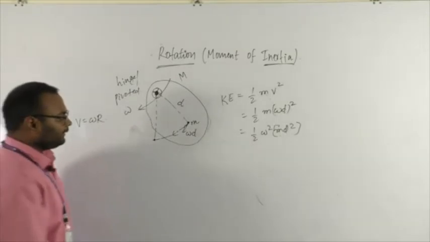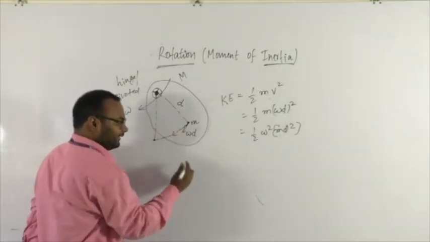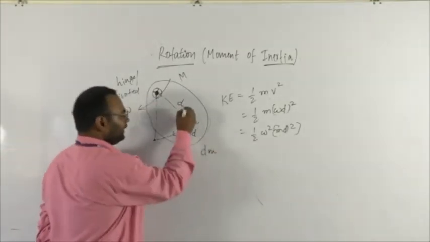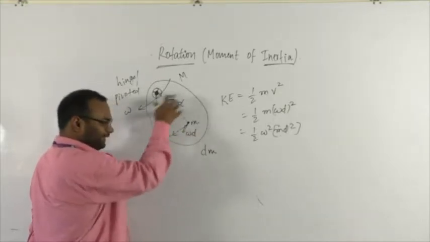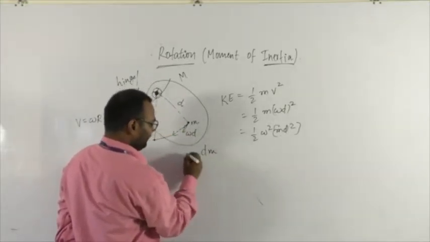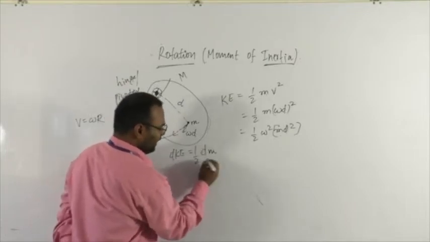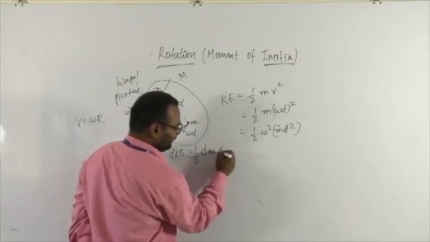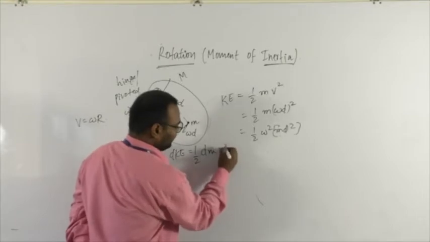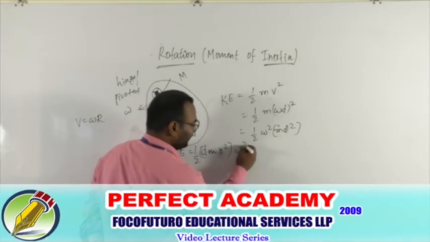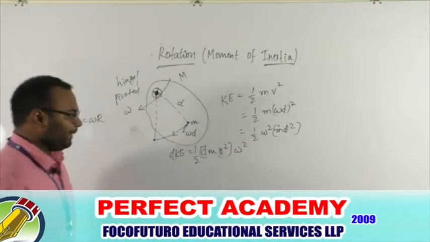Now you can also write for each and every mass. If you say small mass dm at any point inside this mass, for dm mass you can write small kinetic energy as half dm r square into omega square, right?